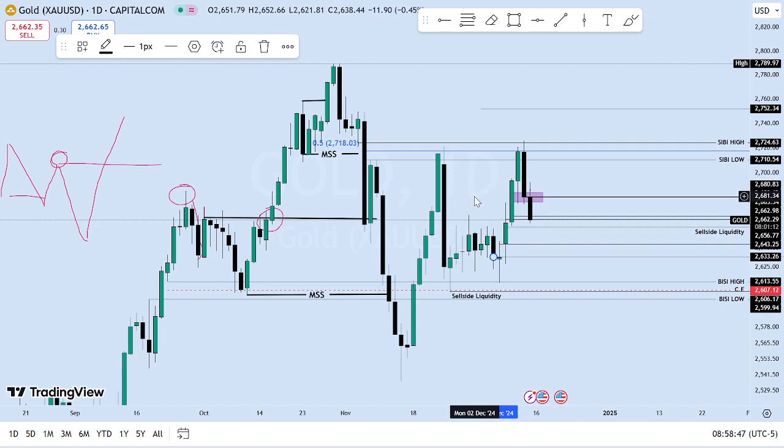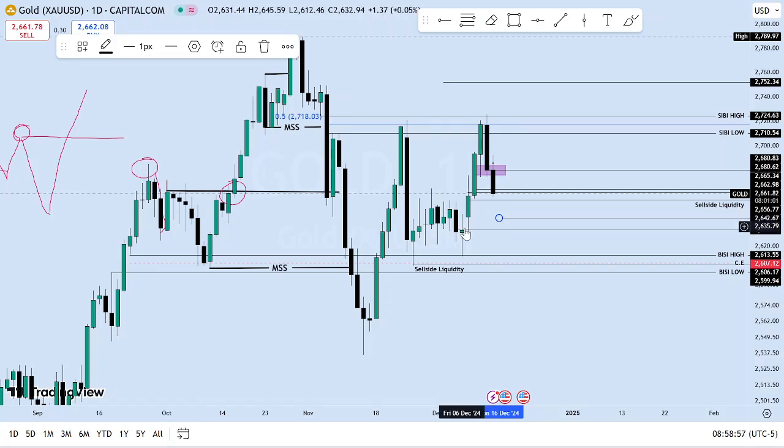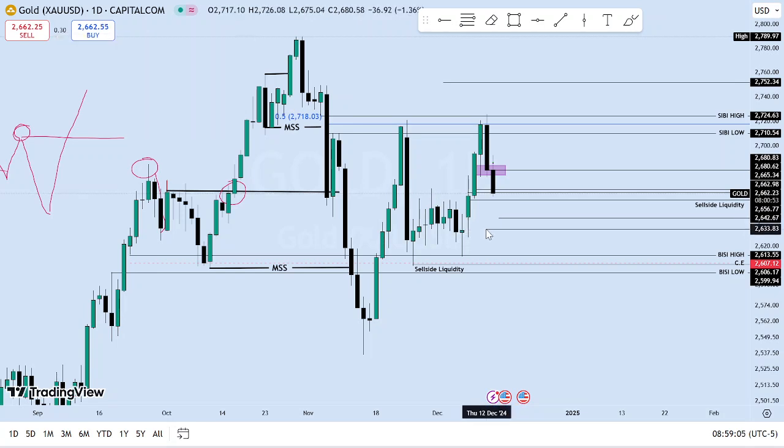It opens on Sunday evening or towards night. On new week opening price, price usually tends to create a space like this.